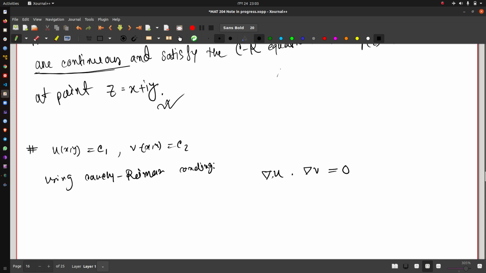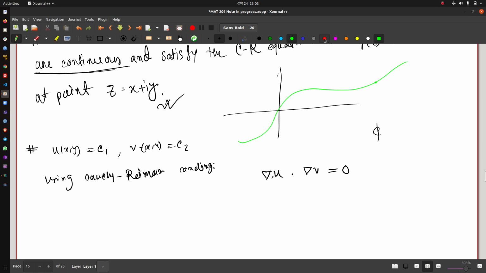What does that mean? Let's say this is our complex plane, and this is our u curve, and let's say this is the v curve, something like this, or it can be like this, whatever. The gradients of u and v will always be perpendicular to each other, because through the dot product you can see whether two vectors are perpendicular or not. This is one way to see it.